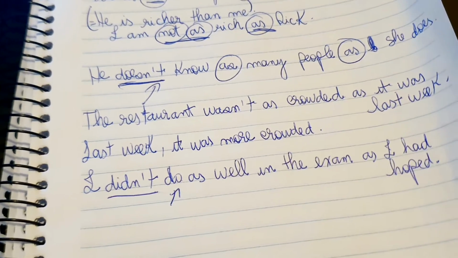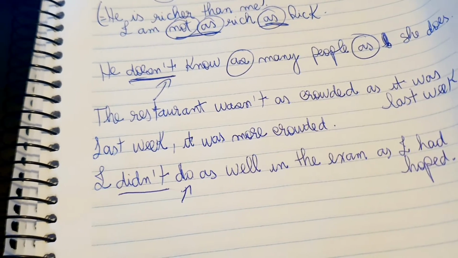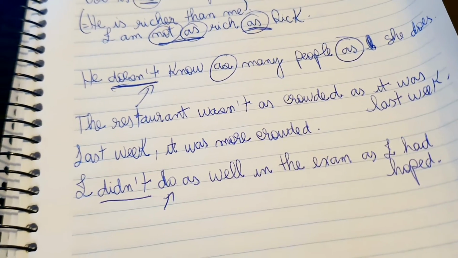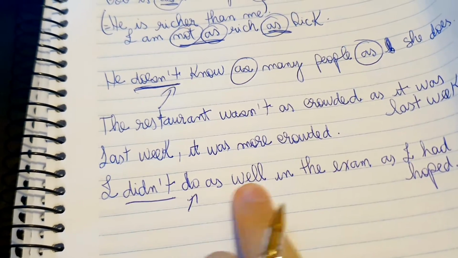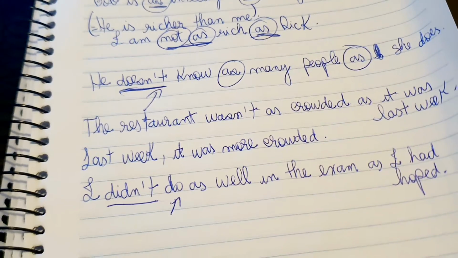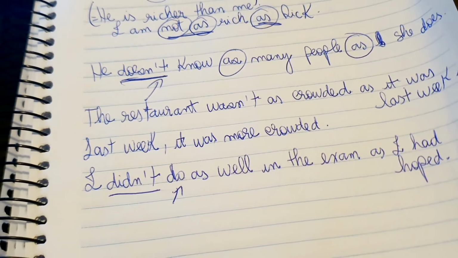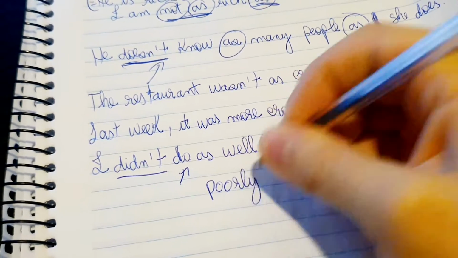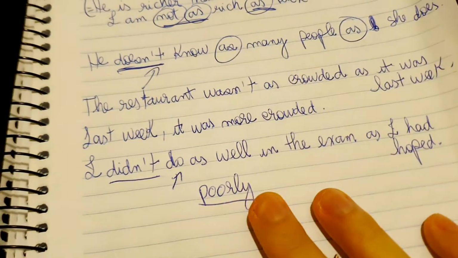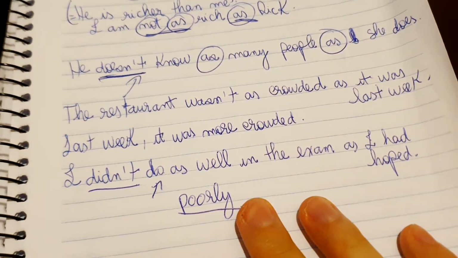So I had the expectation to perform well in the exam. When you say you didn't do well in an exam, it means that you had a very poor grade. You did very poorly. You had a bad performance.